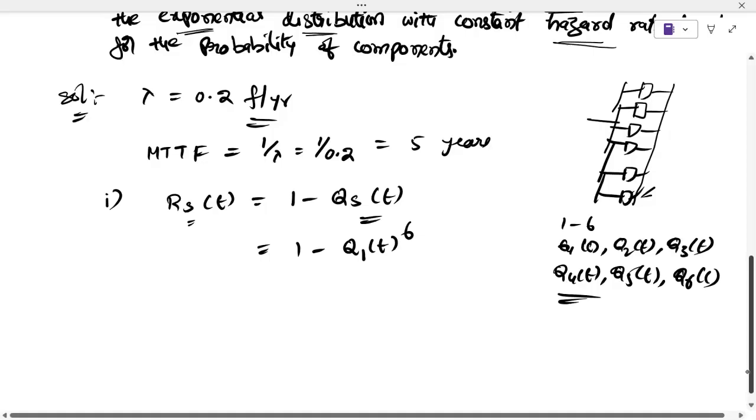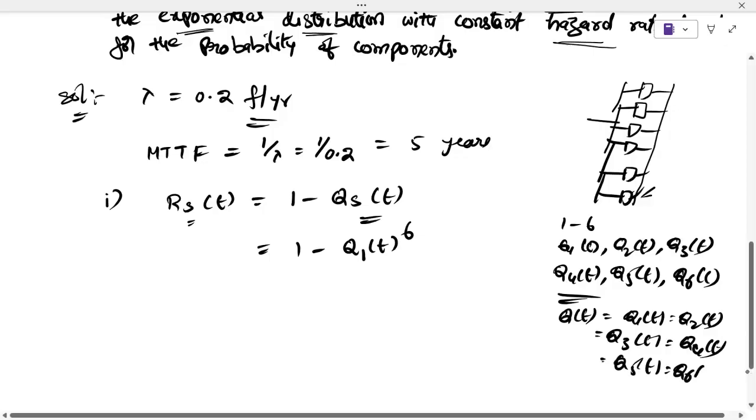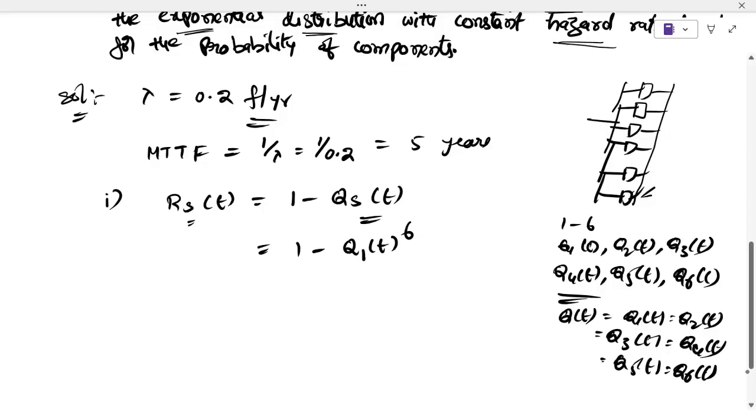Identical components, all are equal to Q of t. That means Q of t is equal to Q1 of t is equal to Q2 of t is equal to Q3 of t is equal to Q4 of t is equal to Q5 of t is equal to Q6 of t. That's why here I have written Q of t whole power 6.